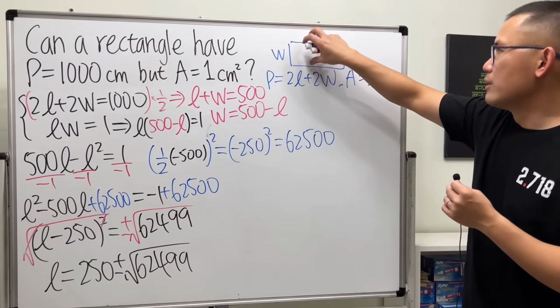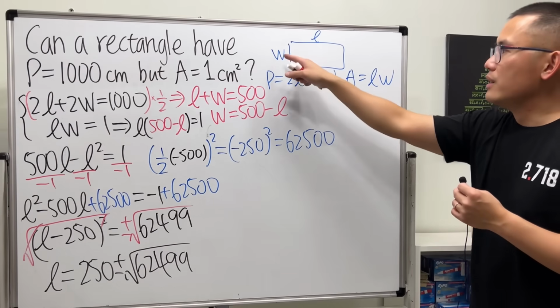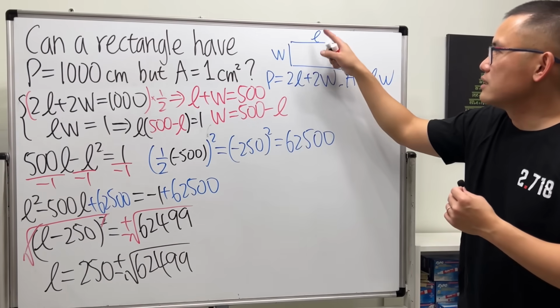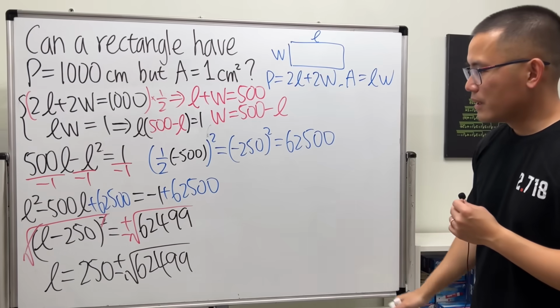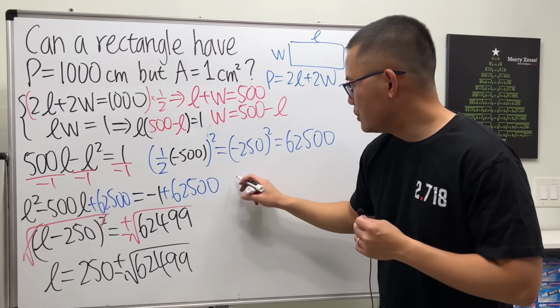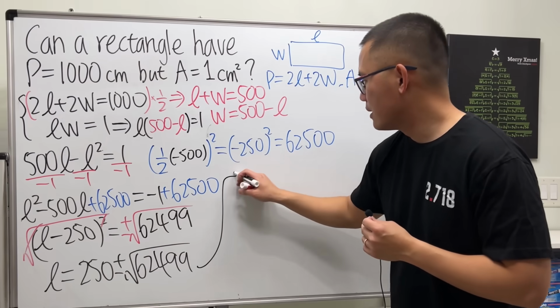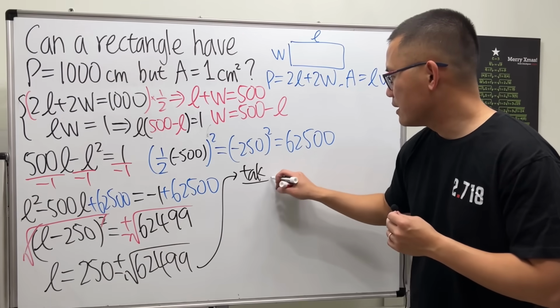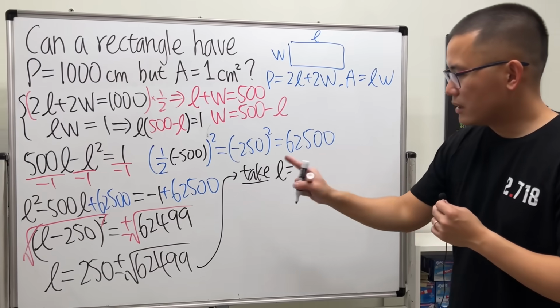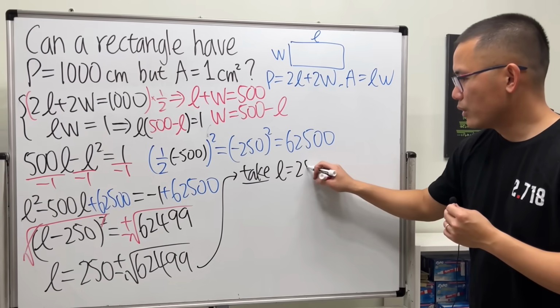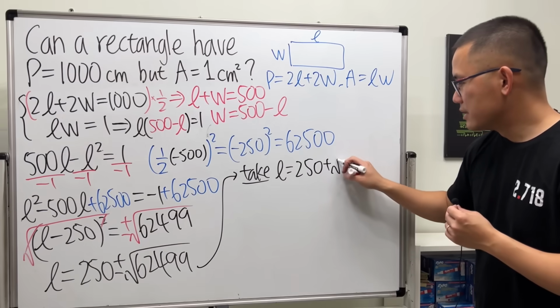Just like if you turn the picture the other way, the width could be the length, the length could be the width, doesn't matter. So right here, let's go ahead and take L to be the positive version, so 250 plus square root of 62499.